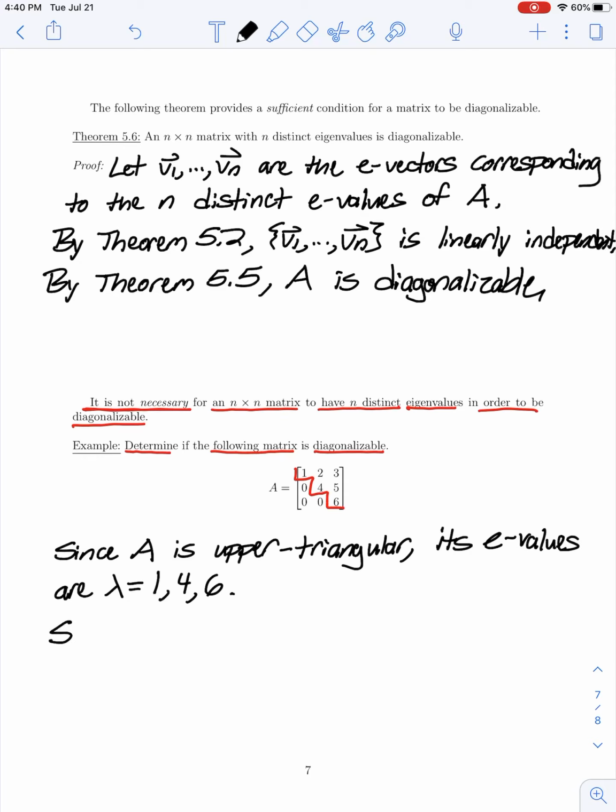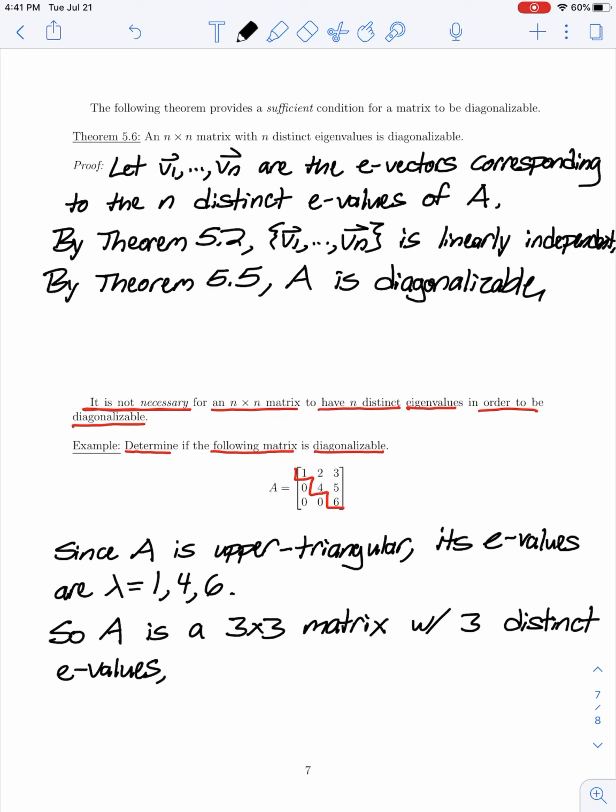None of these is the same. So our matrix A is a 3 by 3 matrix with three distinct eigenvalues. So by our new theorem, theorem 5.6, this matrix A is diagonalizable.